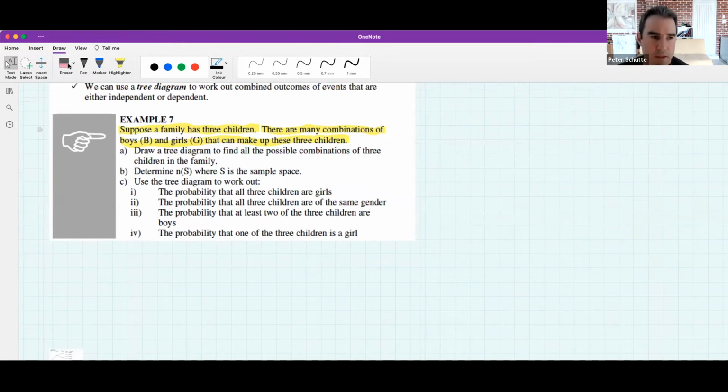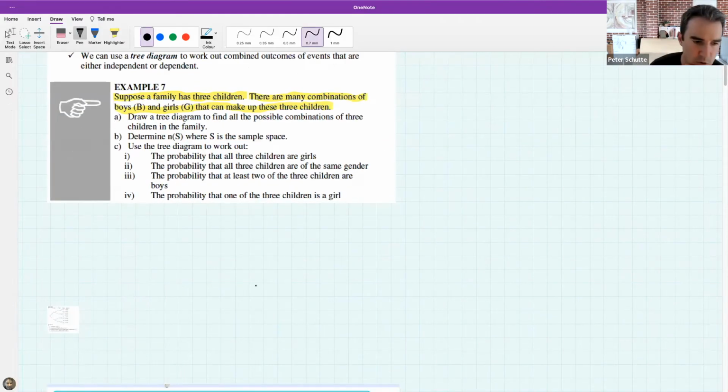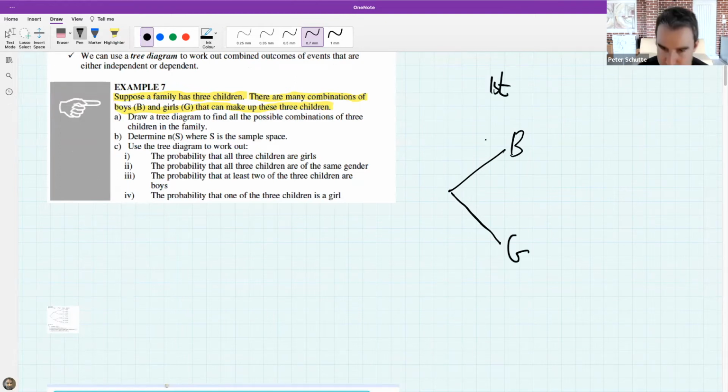Okay, so I see quite a few thumbs down. So when we draw a tree diagram, it's literally like a tree. So imagine the first option. If you're the first child, what are the options? There are boy and girl. So first child.